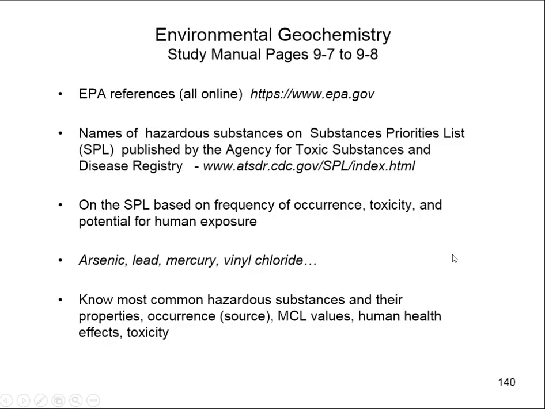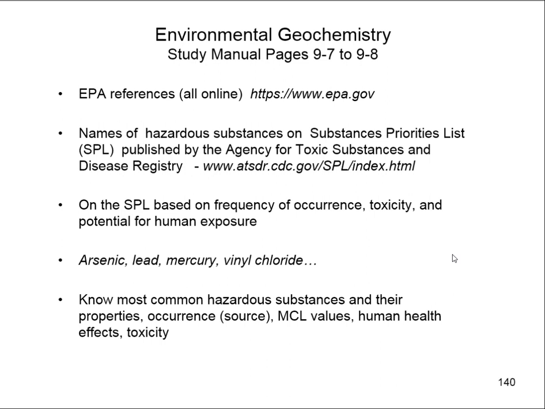Okay, environmental. This is our last topic for today. And all of our references are going to be national references from the EPA. And if you're worried about all of the contaminants that are out there and how do I deal with them, which ones are important?